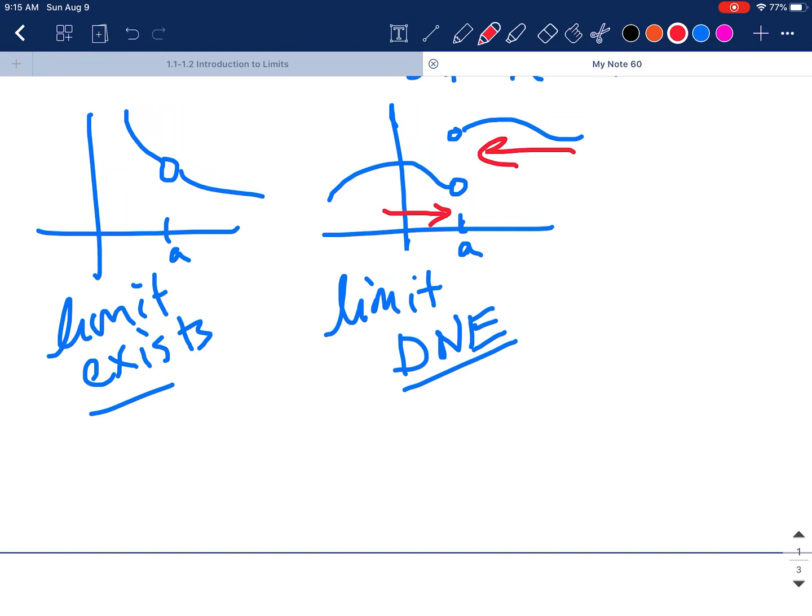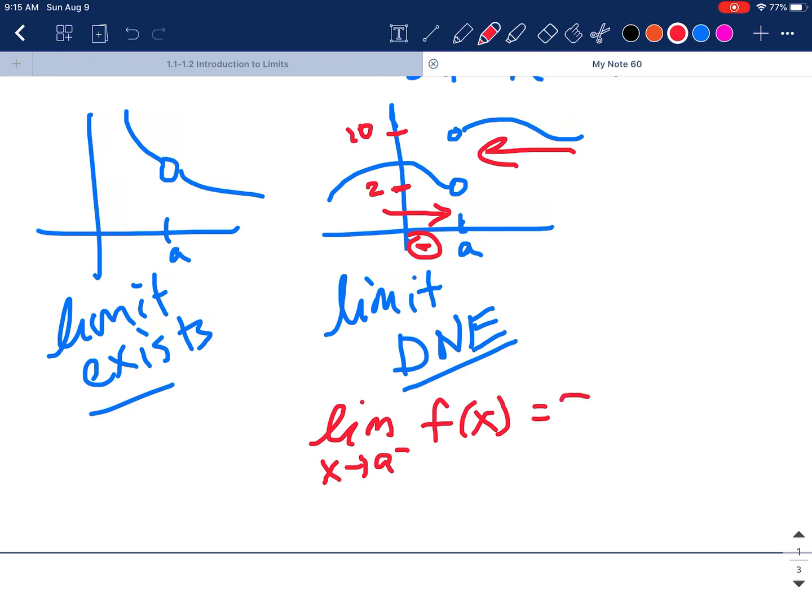The limit exists from the left, and the limit exists from the right. So we're going to have what we call one-sided limits. So for this example, let's say this is 2, and this is 10. All right, so we would say that the limit as x approaches a from the left, we'll put a little minus sign, so this is from the left, of f of x is equal to 2.